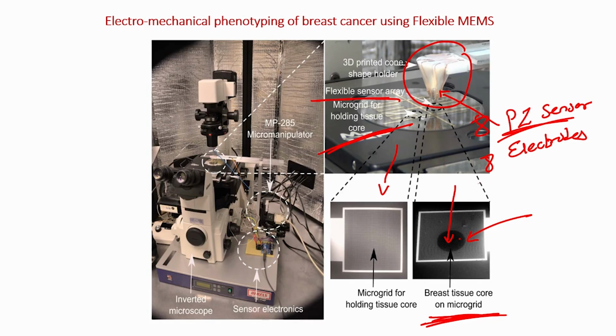Second part, there are 8 electrodes on the MEMS device. When I apply a voltage between the microgrid, that is here, and these electrodes, and the tissue is in between, apply voltage between these 8 electrodes and the microgrid.